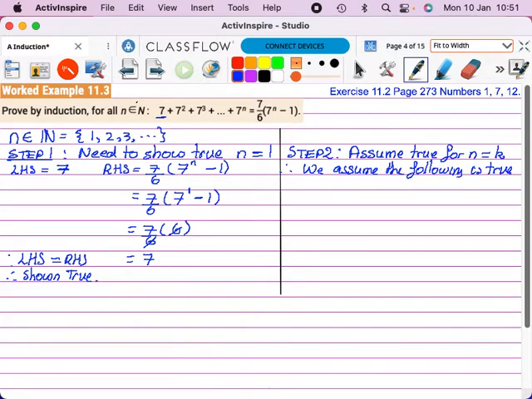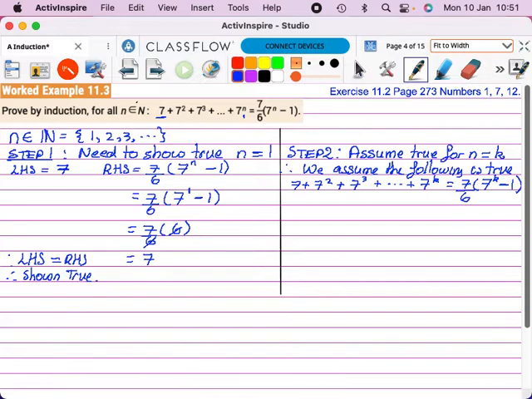We're doing it for n equals k, which means we replace the n with a k. So we're assuming that 7 plus 7 squared plus 7 cubed plus ... plus 7 to the power of k, because we replace the n with a k, is equal to 7 over 6, replace the n with the k and then put in the minus 1.